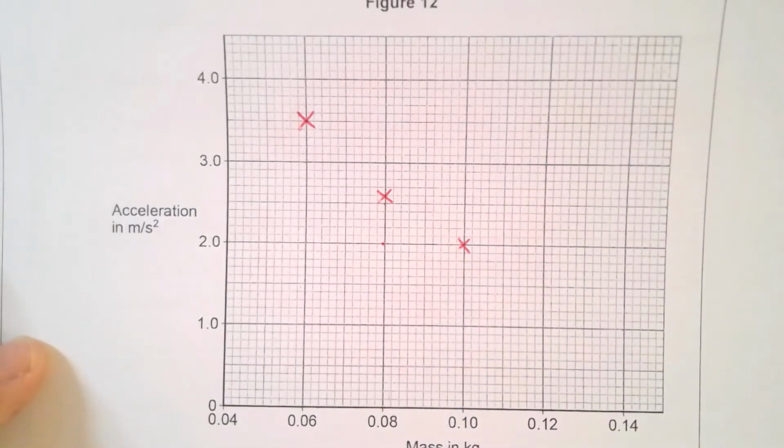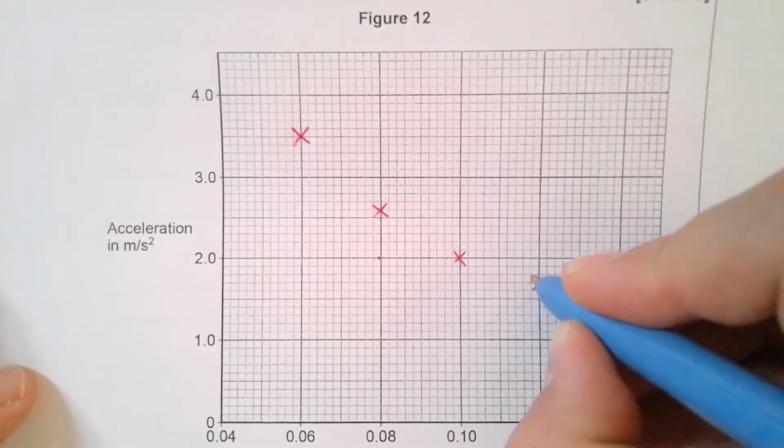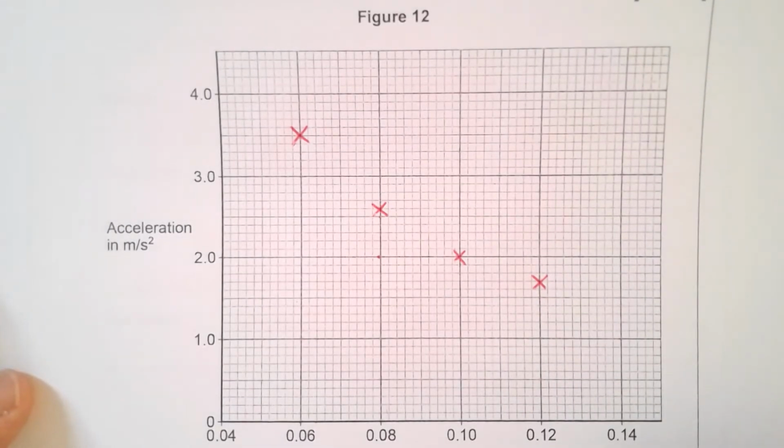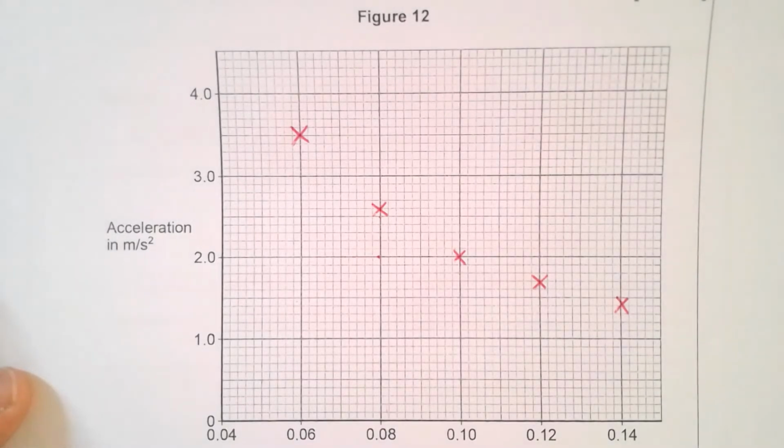Nice easy points to plot here. 0.12 takes us up to 1.7. 0.14 takes us to 1.4. And there, like that. And it says draw a line of best fit.